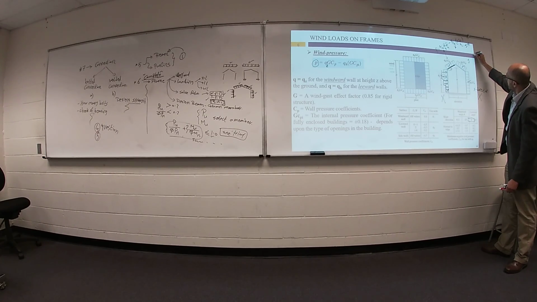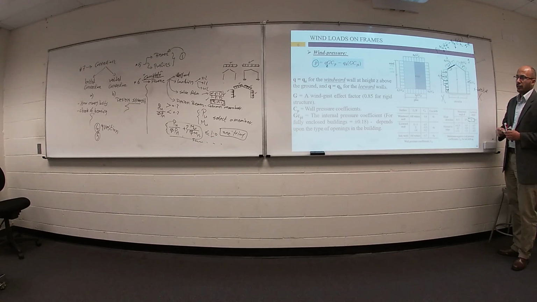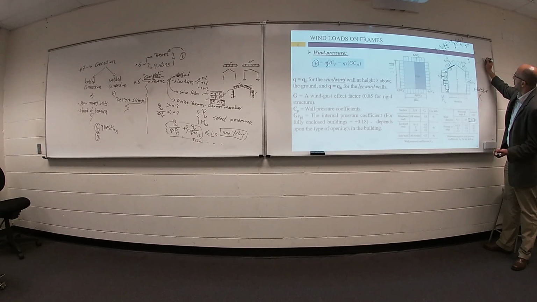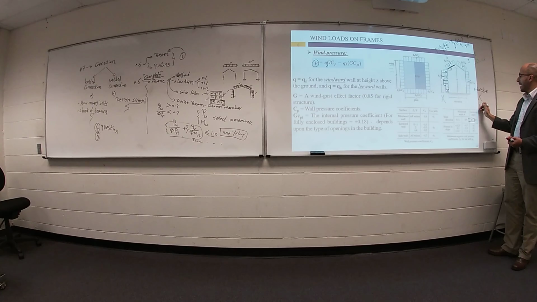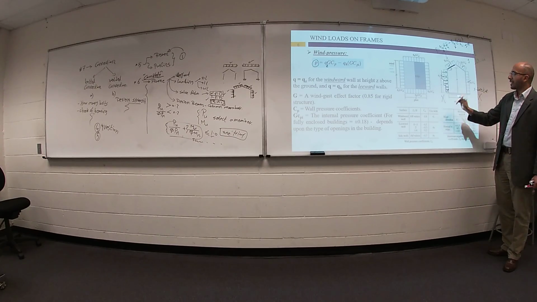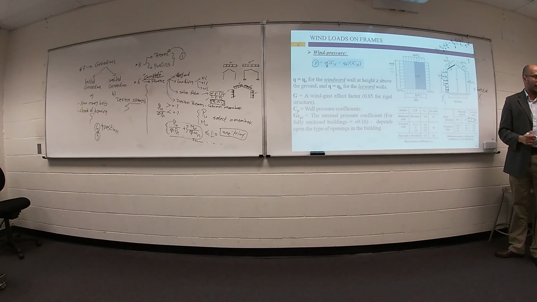Small y is perpendicular to your member. However your member is oriented, your small y is perpendicular to your member. But for capital X or capital Y, capital X is a horizontal direction, capital Y is a vertical direction.